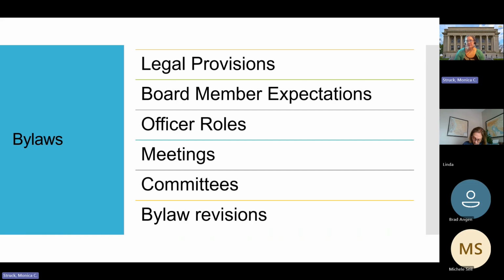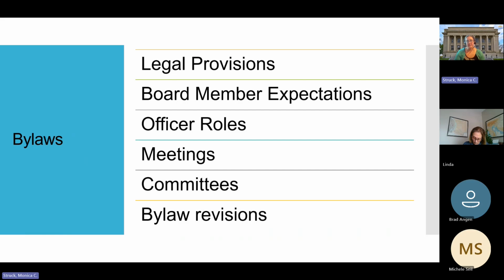How you'll be running your meetings. If you want to specify you're using Robert's Rules of Order, that's a place to put in your bylaws. If the board knows that they're always going to meet the second Tuesday of every month, you can go ahead and put that in there as well.